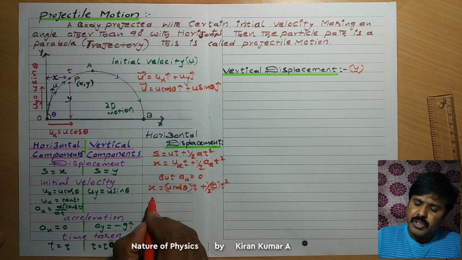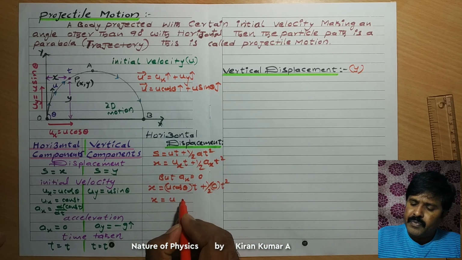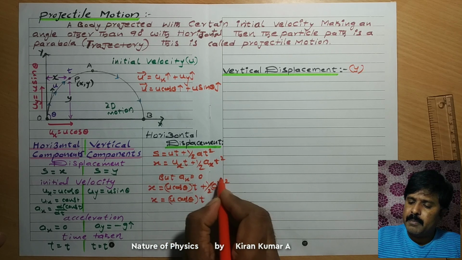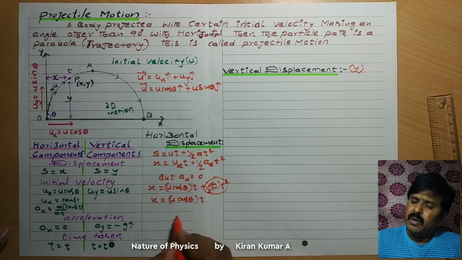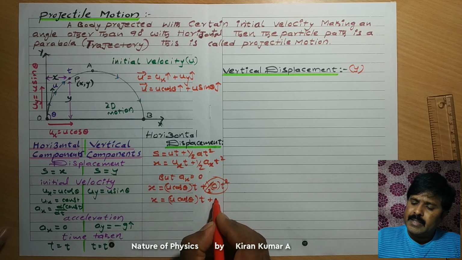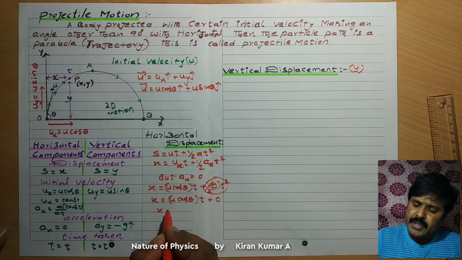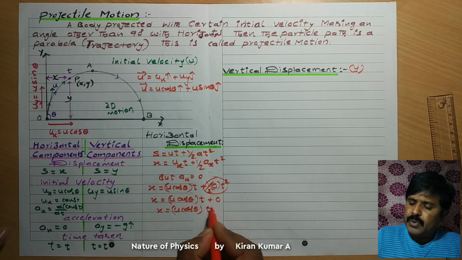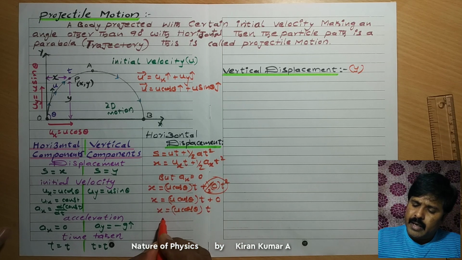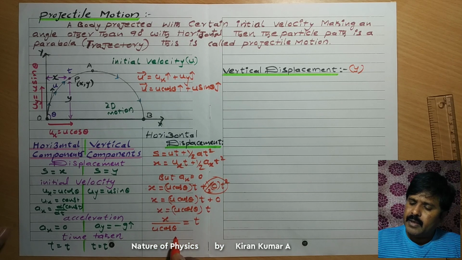Next step, x is equal to u cos theta into t, this completely becomes 0. Now x is equal to u cos theta into t, and x divided by u cos theta is equal to the time taken t.